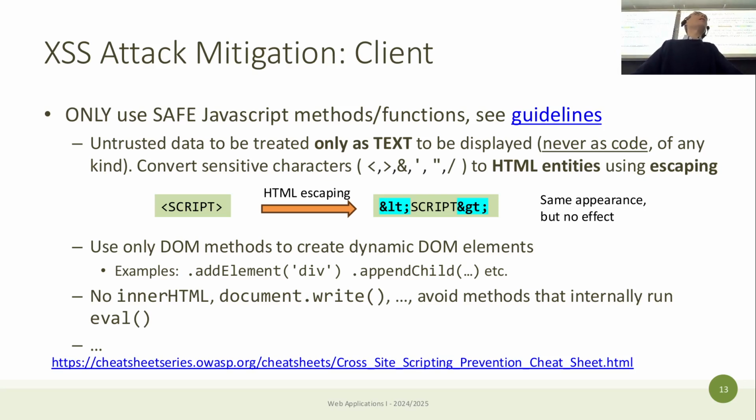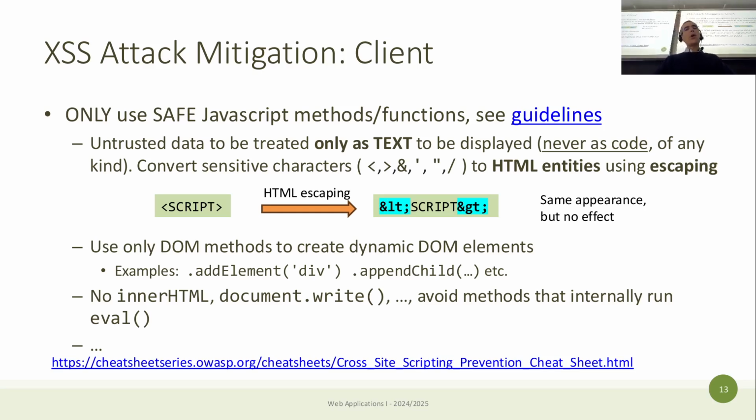We can mitigate the problems, because you're never sure you did everything necessary to really prevent everything. So we now give a set of rules to be followed to mitigate the known cross-site scripting attacks until now.